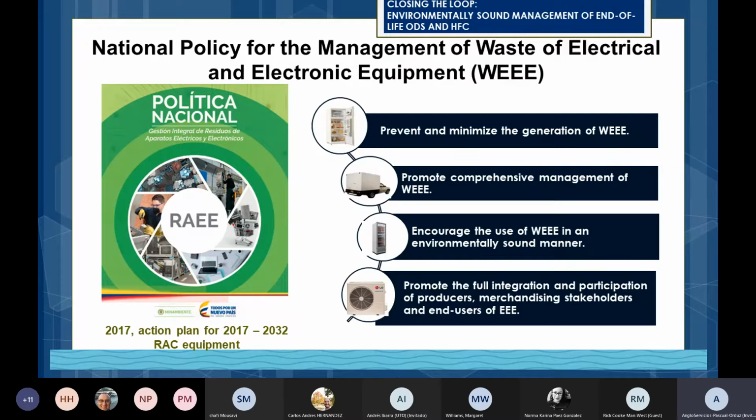The specific objectives of this policy are four, and they are: prevent and minimize the generation of WEEE, waste of electronic and electric equipment, then promote the comprehensive management of WEEE, encourage the use of WEEE in an environmentally sound manner, and promote the full integration and participation of producers, merchandising stakeholders, and end users of these electronic and electric equipment in all the stages of the management. Next one, please.